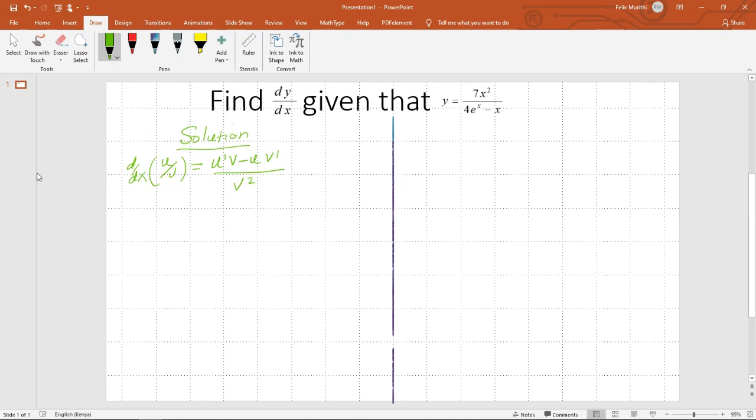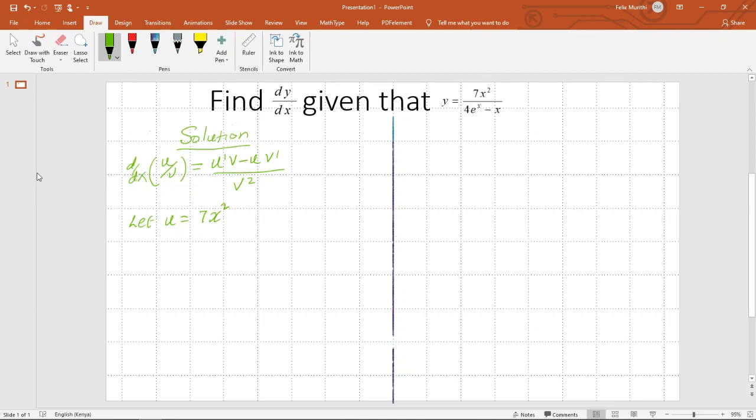Okay, so in the problem given, we let u be equal to 7x squared.